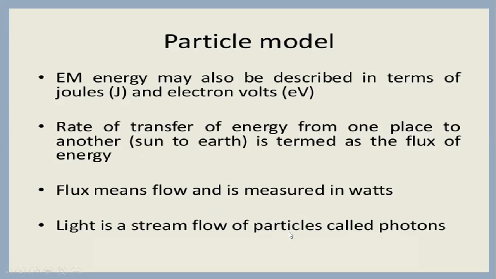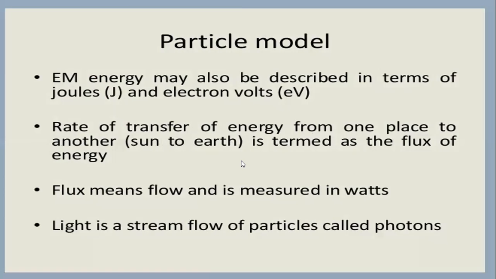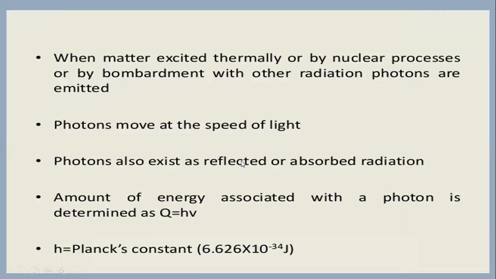How the light spectrum, the particles, and the photons behave, each and everything we need to concentrate on while learning this subject. When matter is excited thermally or nuclearly, when we are talking about radiation in terms of the electromagnetic, we should be aware of this basic concept.